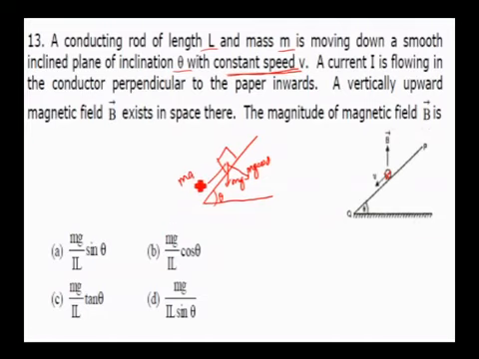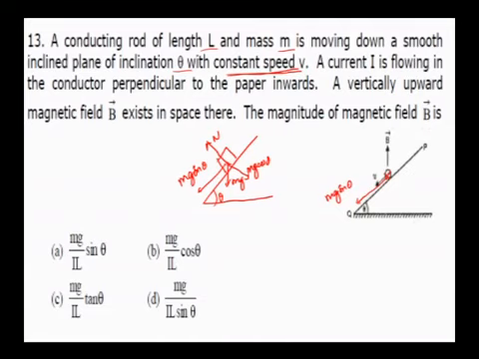Now we should find what is the direction of the magnetic force. So, we can find the magnetic force by using Fleming's left hand rule. Fleming's left hand rule says that if the first three fingers of the left hand are stretched such that they are mutually perpendicular, so that the forefinger gives the direction of magnetic field and the middle finger gives the direction of current, then the thumb gives the direction of magnetic force.